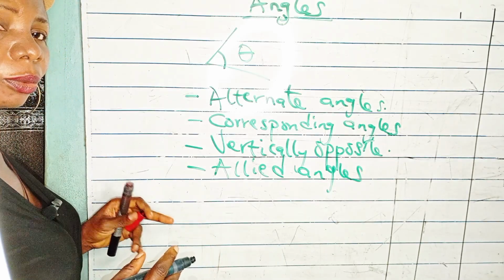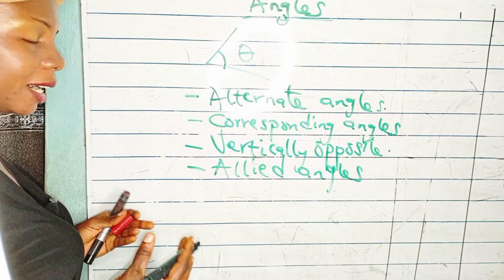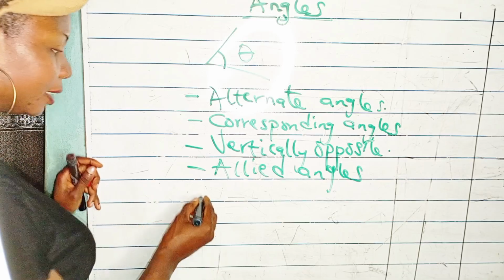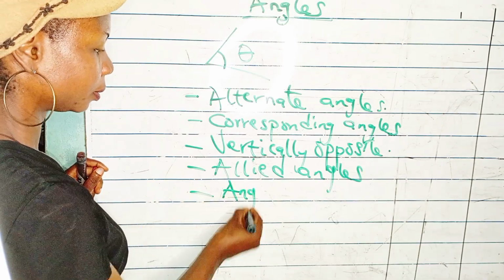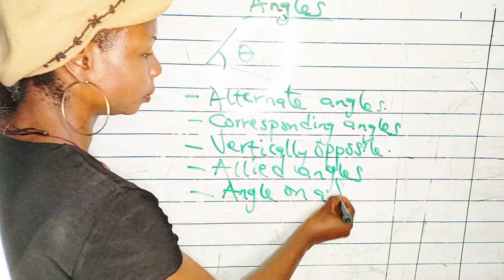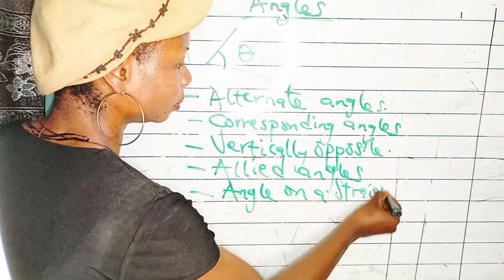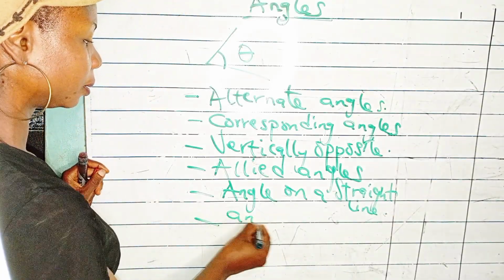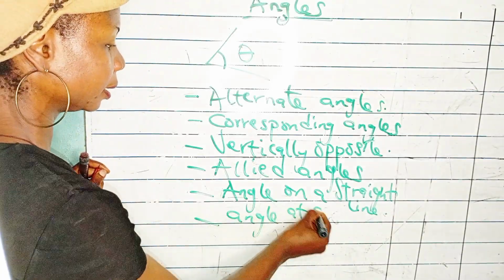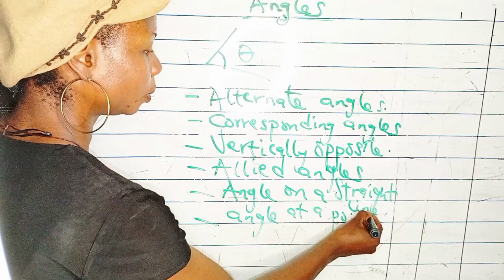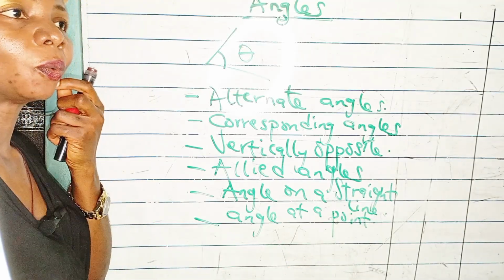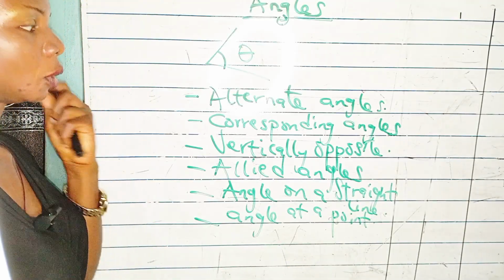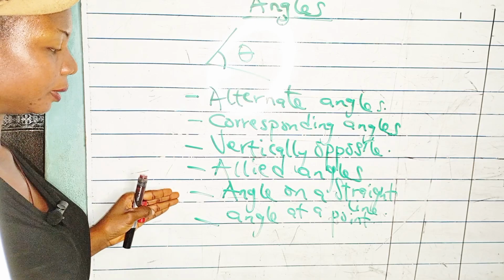We're also going to take care of angle on a straight line and angle at a point. We have other angles and other theories of angles, but today we're going to discuss these six.